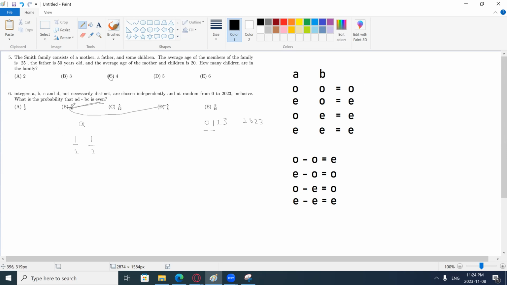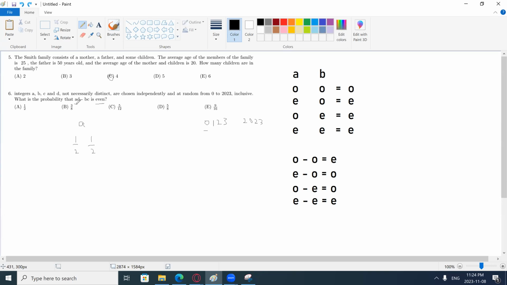We can find out the probability that you get an even number here. So this is just two random numbers.